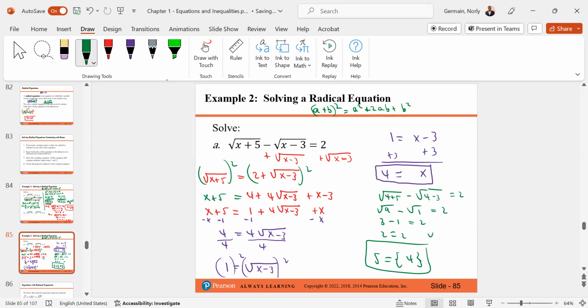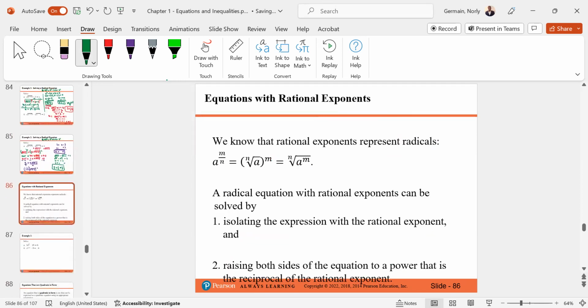But we still have a lot to do to see equations with rational exponents. We know that expressions with rational exponents represent radicals. When you have a power m over n, we can rewrite it as a power 1 over n, power m, and exponent 1 over n is like the nth root of a power m.